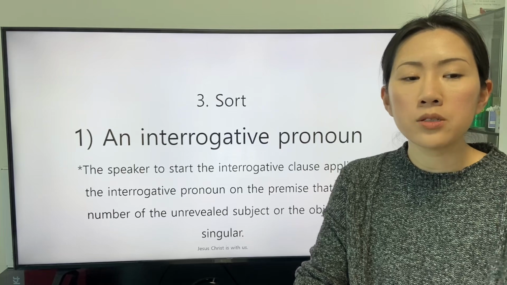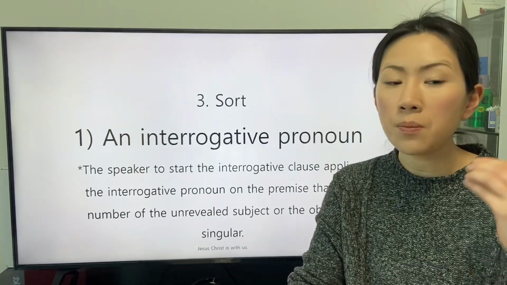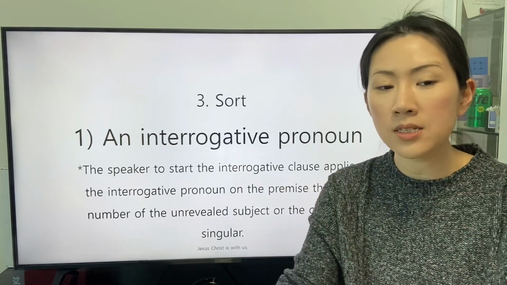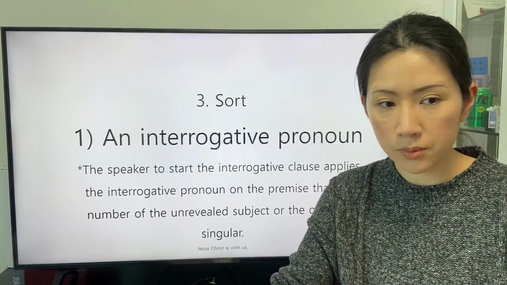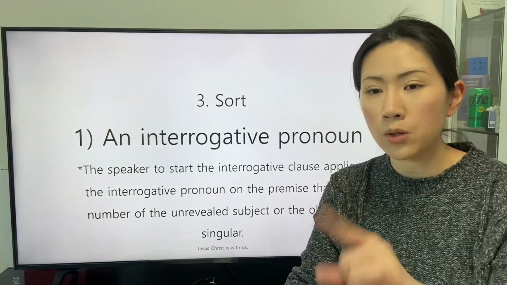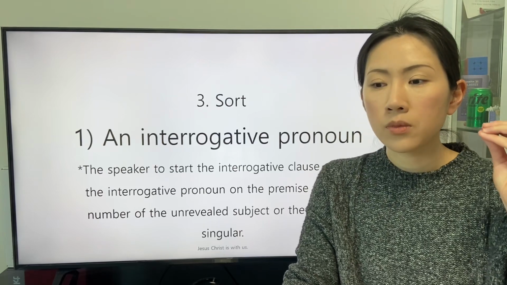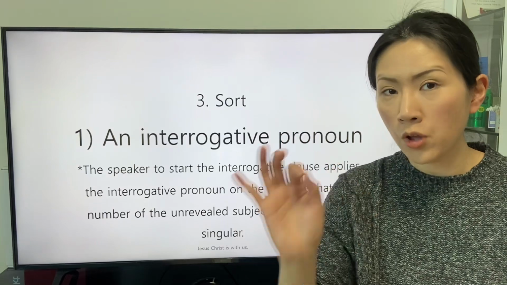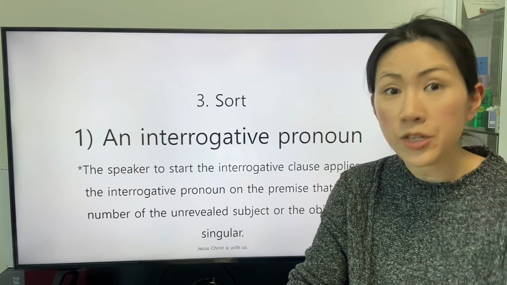The speaker to start the interrogative clause applies the interrogative pronoun on the premise that the number of the unrevealed subject or the object is singular. The speaker who wants to identify the subject or the object that is unrevealed assumes the number of the subject or the object as singular.